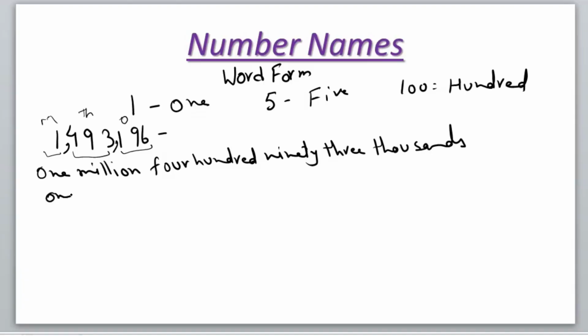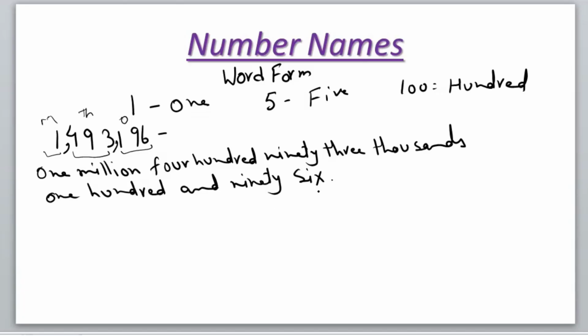In 196. Okay, this is in the ones period, so no need to mention ones here. 1,493,196. You can add "and" here because this is the last digit.